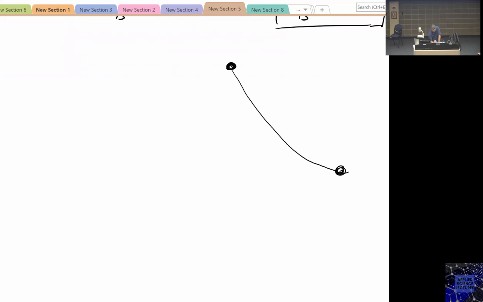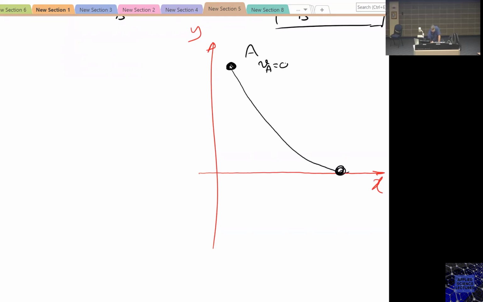So here, this is my X. That's my Y. So if I am to call this one point A, in point A, I have VA equals 0.2 meters per second.